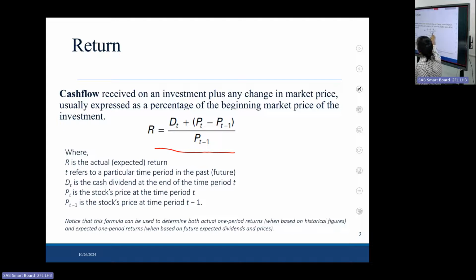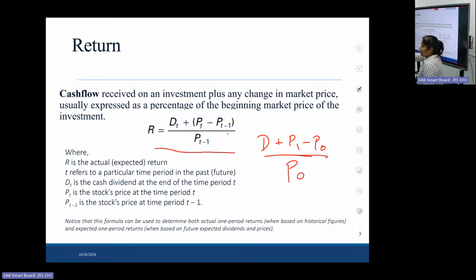T minus 1 means the price of the stock at time T minus 1, so that is the previous price. This is the current price. Simply you can write this as dividend plus (P1 minus P0) divided by P0. P1 is the current or today's price, and P0 is the cost.